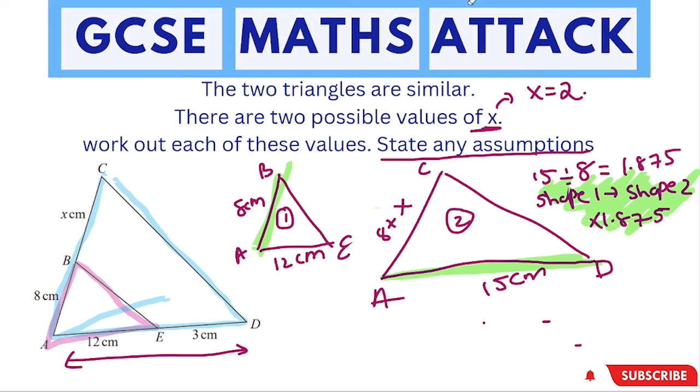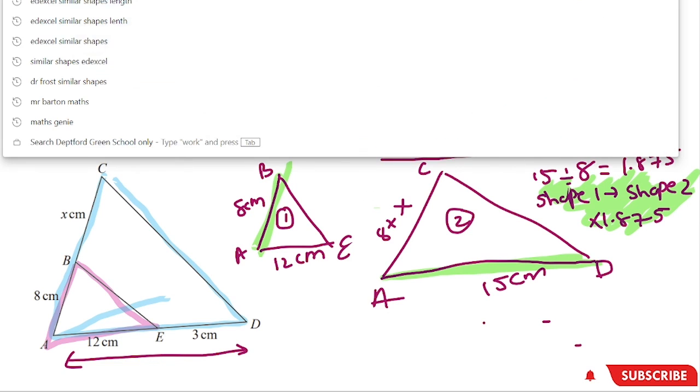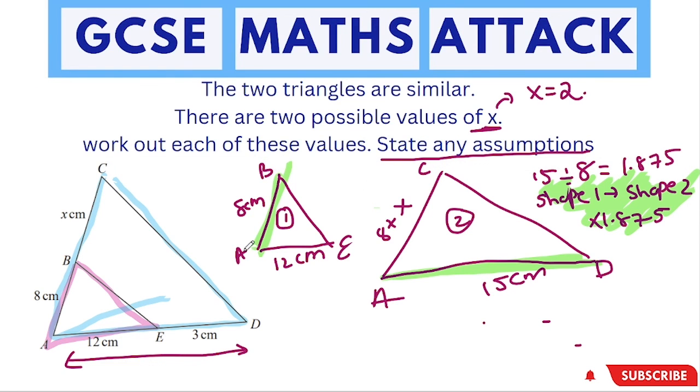Okay, so if those two are corresponding sides, if AB is corresponding to AD, then we can assume that AE is corresponding to AC. So that means 12 times 1.875 would give me 22.5. Okay, so that means AC should be 22.5.